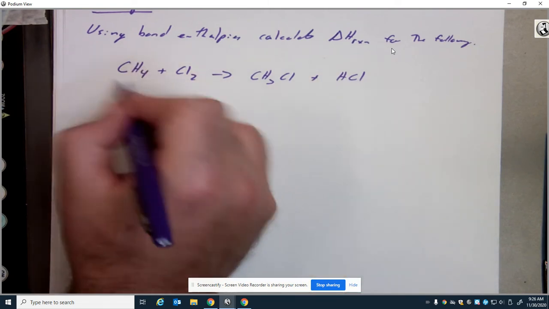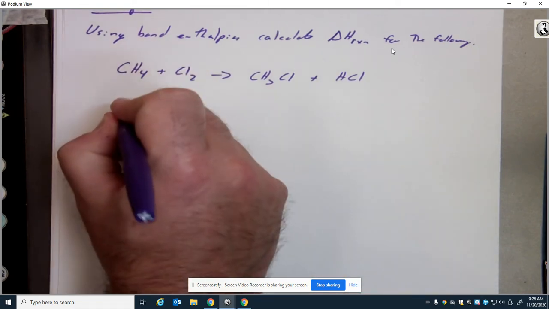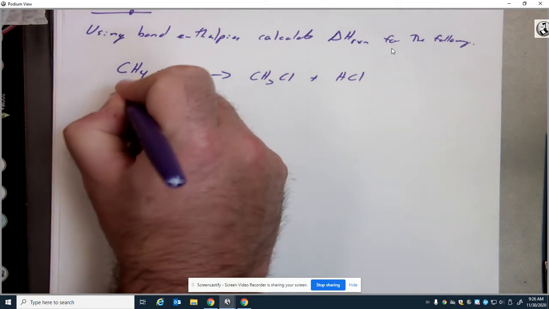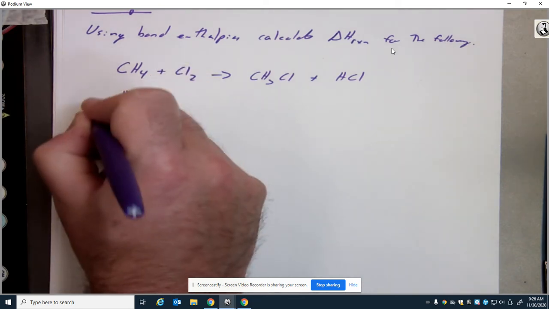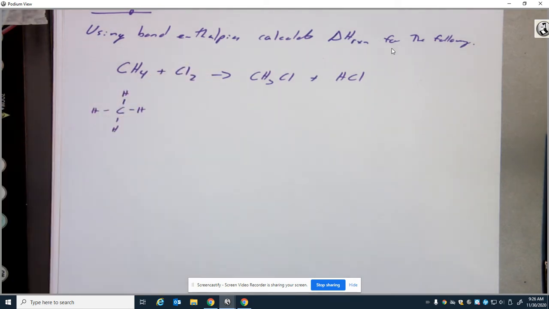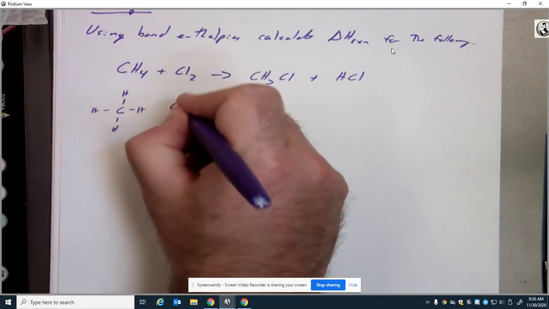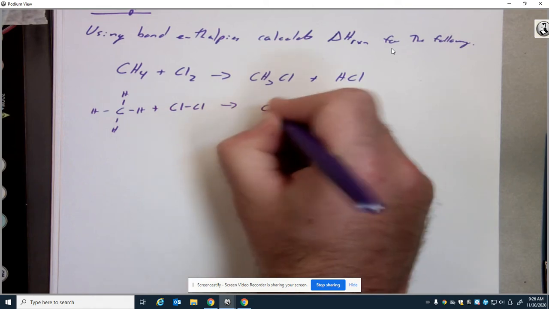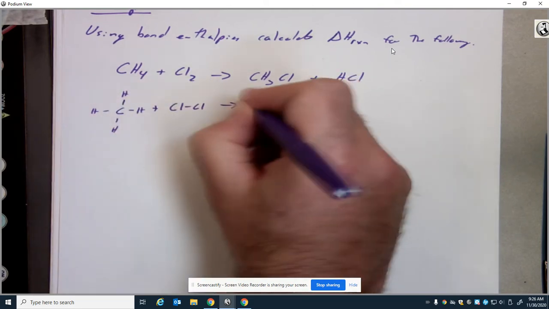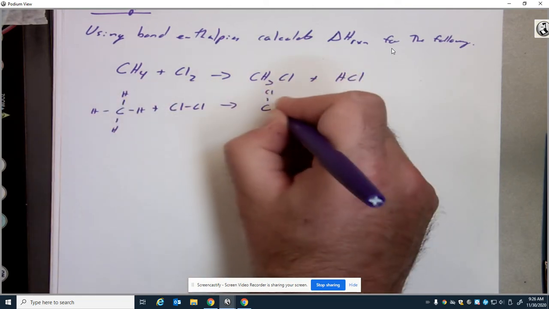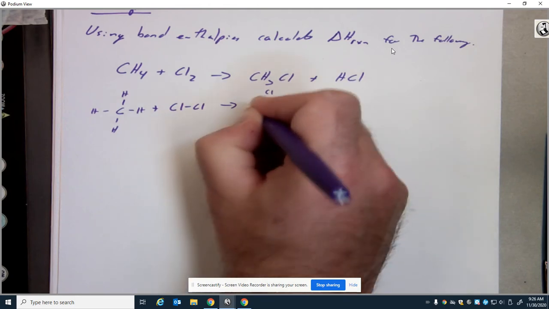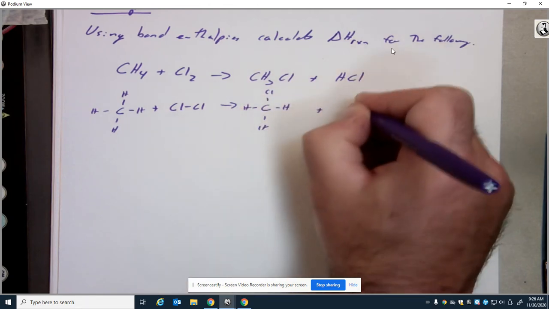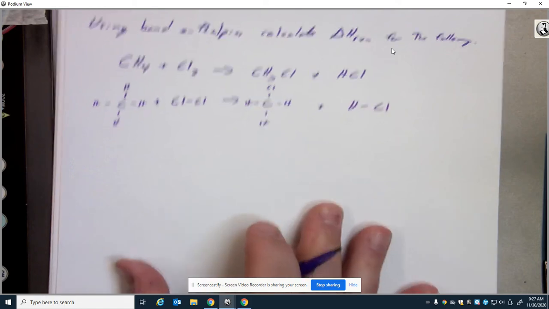All right, so CH4 is methane. Okay, we got diatomic chlorine. And one of the hydrogens comes off and a chlorine is put in its place. And then we have a bond here.